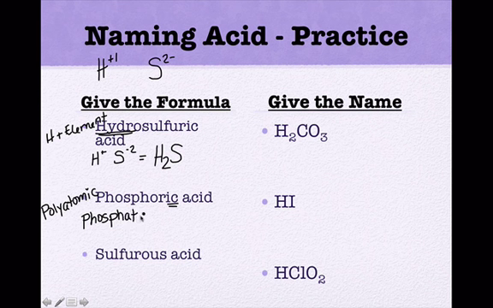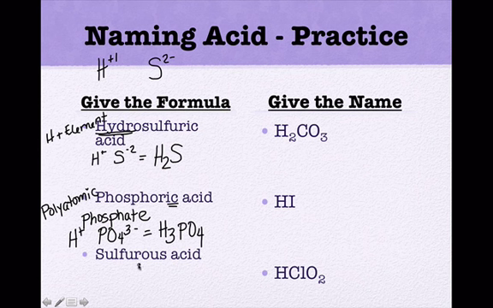And if I find phosphate under the anions list, I'm going to see that it's PO4 and it has a 3- charge. It's an acid. It has to have hydrogen at the beginning. So hydrogen is there. It's still a +1. And if I need to balance charges, I'm going to need 3 of the hydrogens for every 1 of the phosphates. So phosphoric acid is H3PO4.